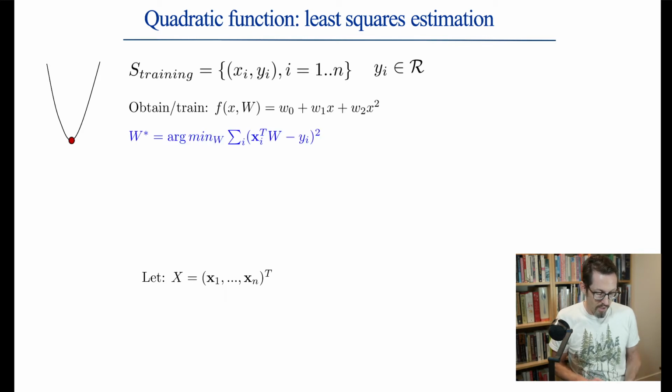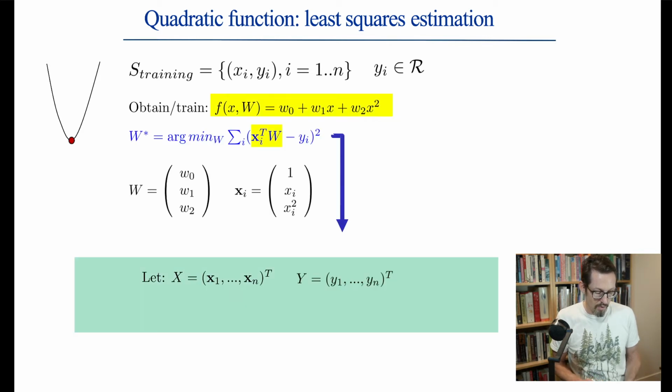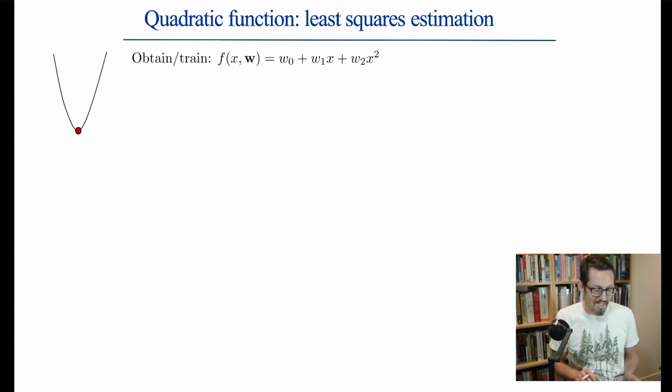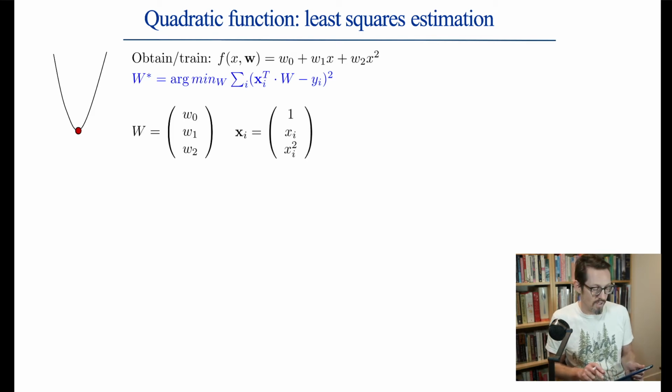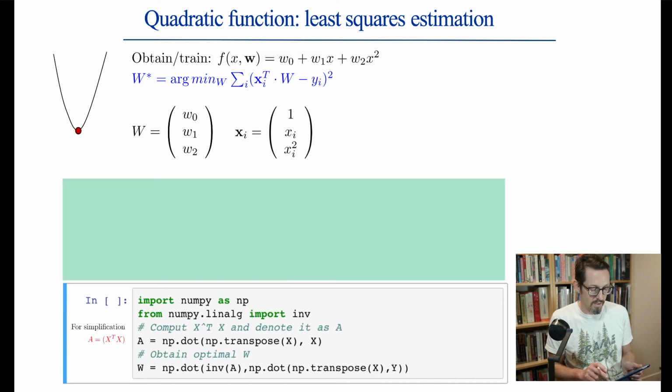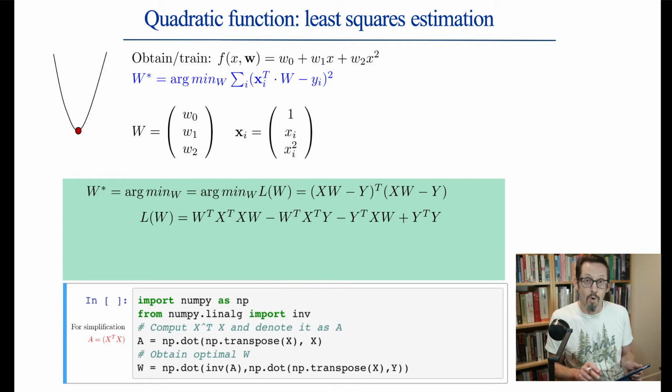So everything is really hunky-dory. I'm going to burn through this slide because it really is the exact same thing. We haven't changed anything except the format of the x and the w. Other than that, we solve for it in the same way. There's the same least squares solution.